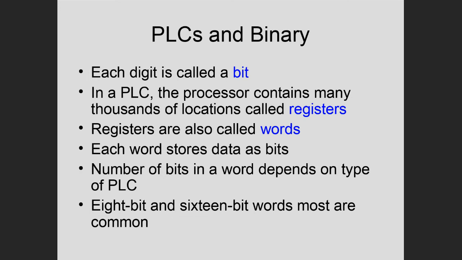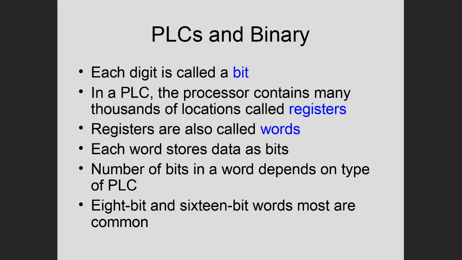So if you look at the third bullet point, registers are also called words. Well, strictly speaking, they're not. Strictly speaking, a register can hold or contain words, but a register is a piece of hardware. A word is a piece of software, or it's virtual, but we'll use them kind of interchangeably when we refer to words and registers in this class.